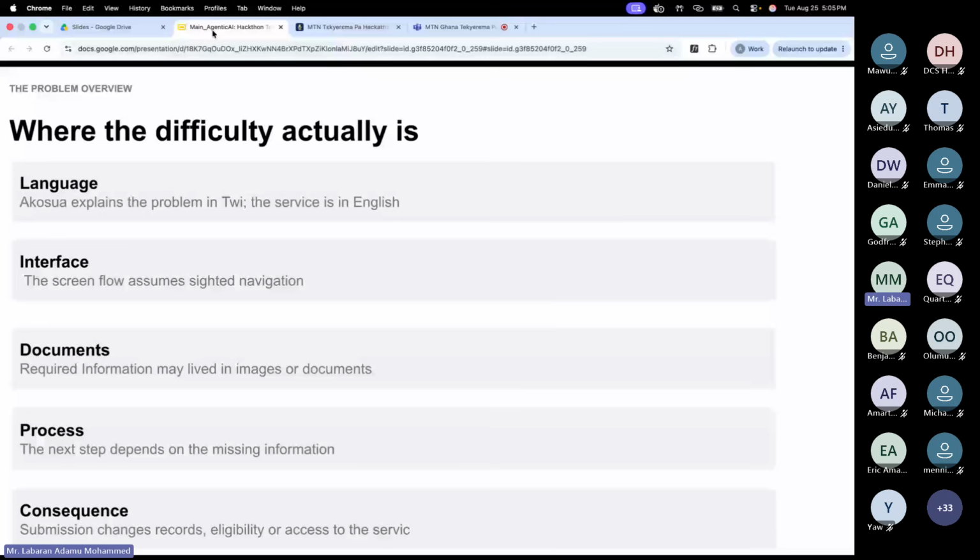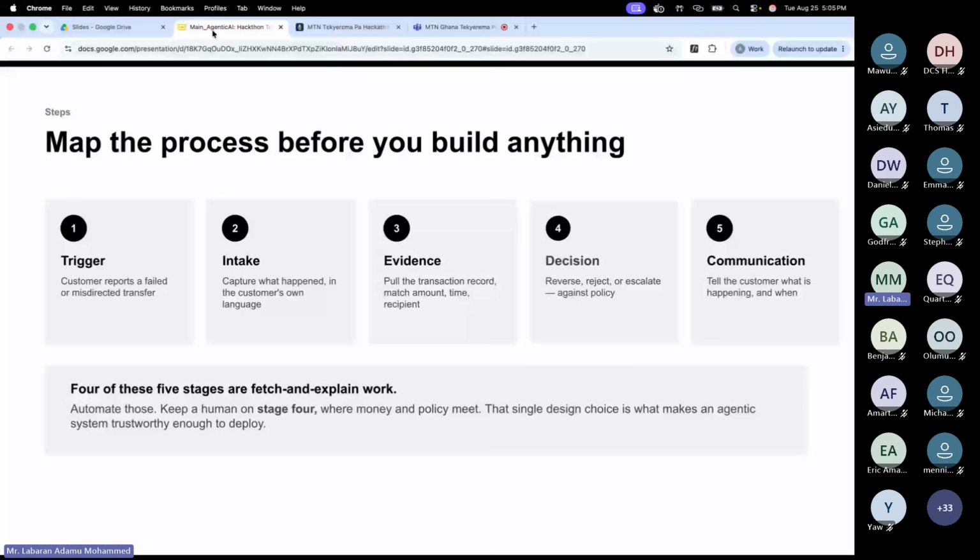Okay. Like I was saying, before you build anything, you should ask yourself these questions to further understand very well what you are actually building.